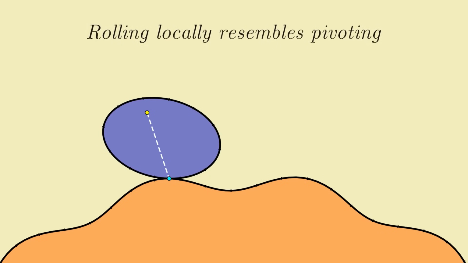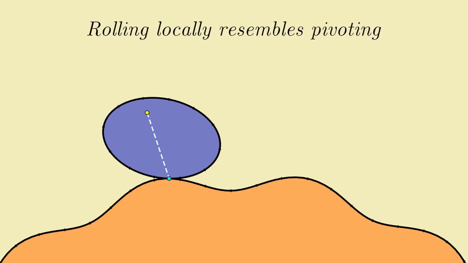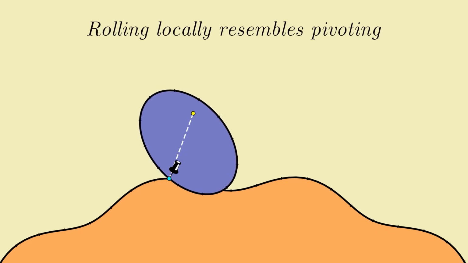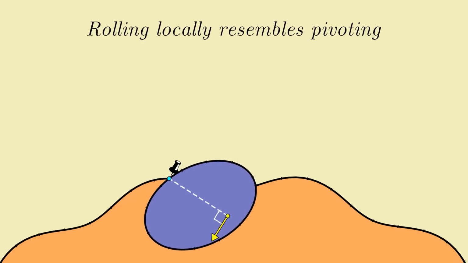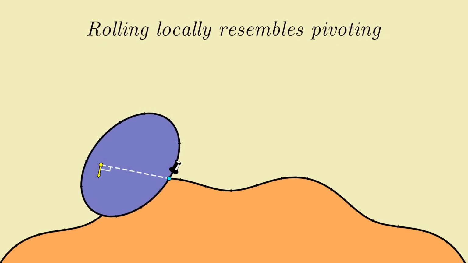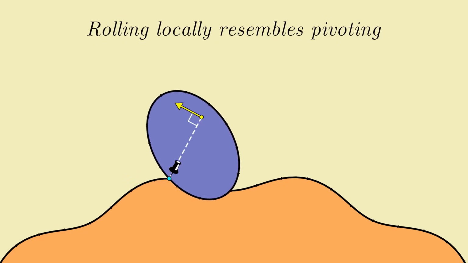It's basically saying that rolling motion locally resembles pivoting motion. To see what I mean, imagine fixing in place the current road wheel contact point for our wheel. So rotating the wheel no longer causes it to roll, it just makes it pivot around this anchor point. Which means every point on the wheel moves perpendicularly around the anchor point in a circle.